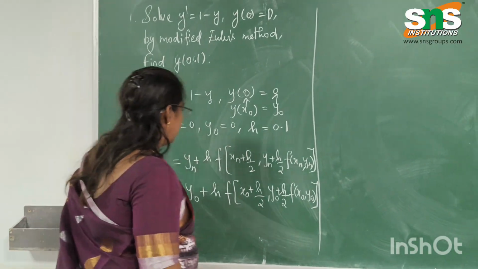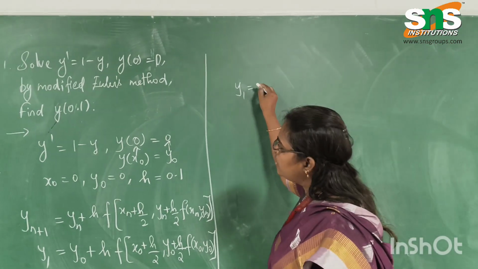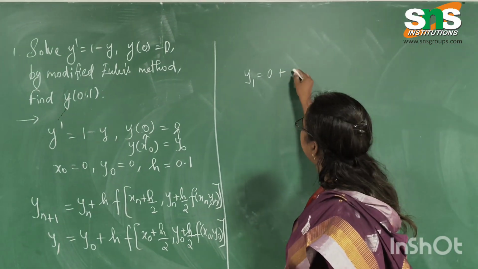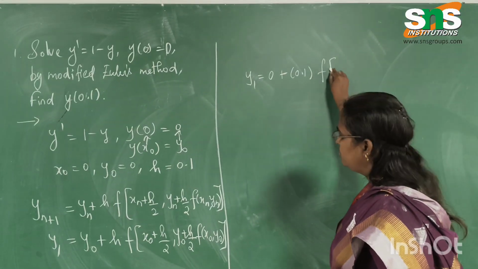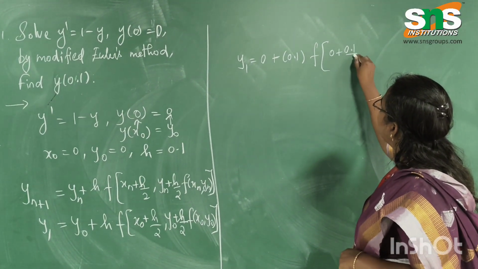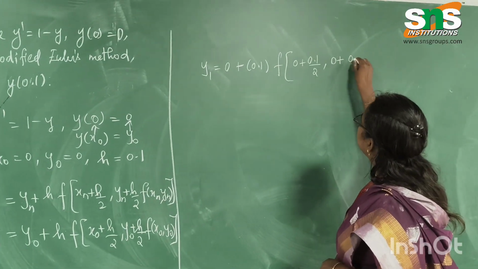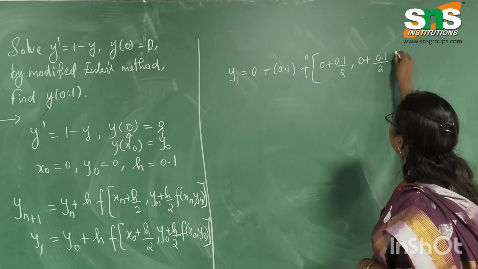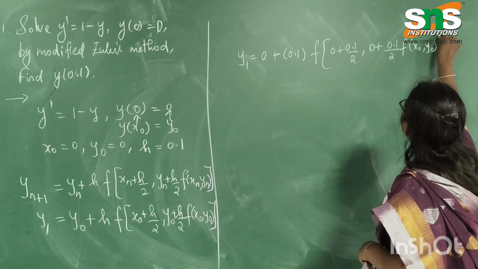So I replace all those values. y1 equals y naught value 0 plus h value 0.1 into function of x naught, 0 plus 0.1 divided by 2, comma, 0 plus 0.1 divided by 2 into function of x naught comma y naught.